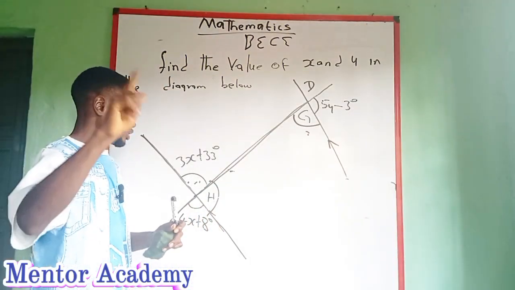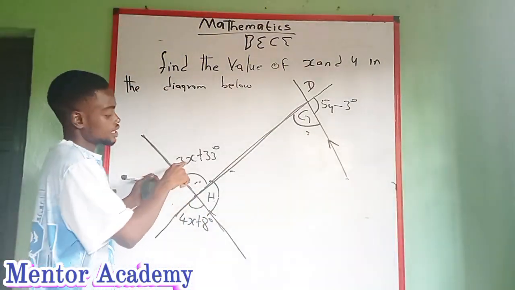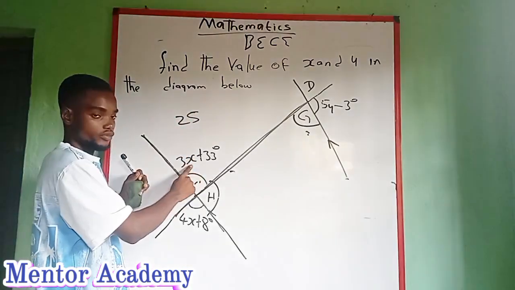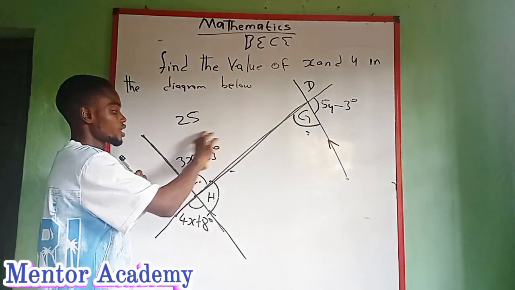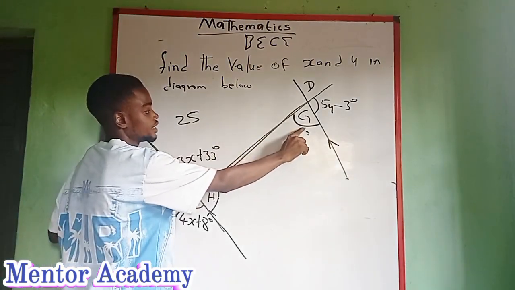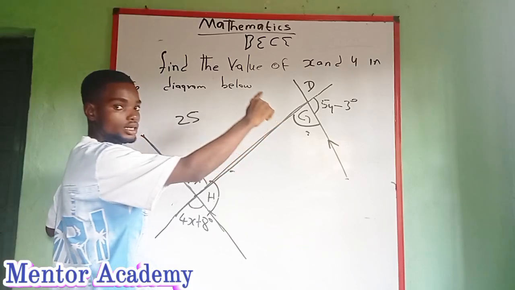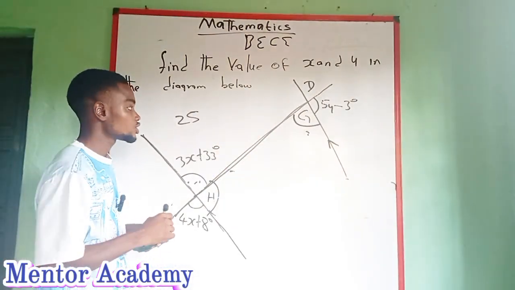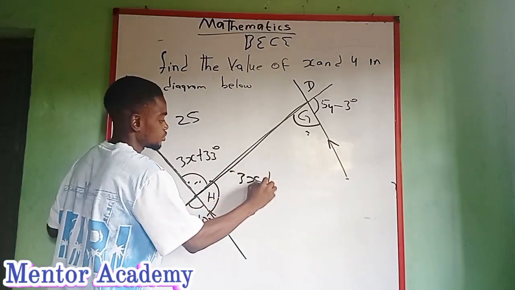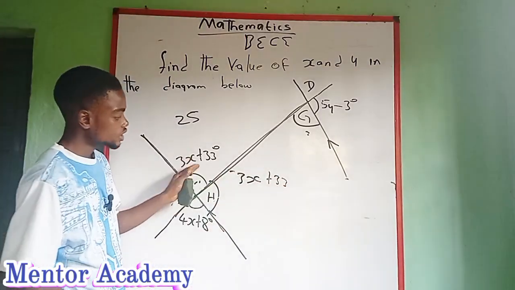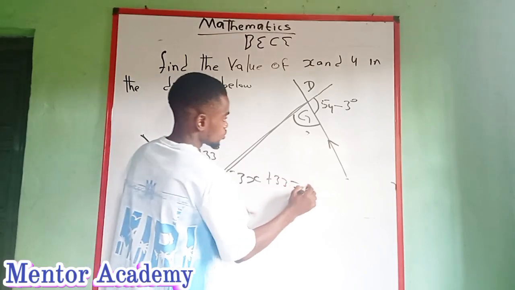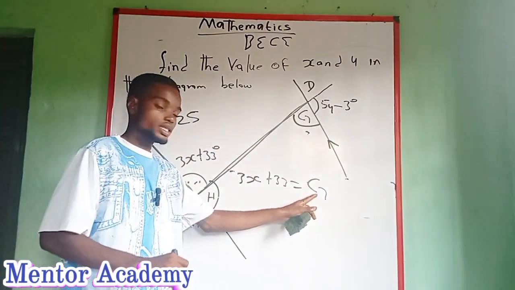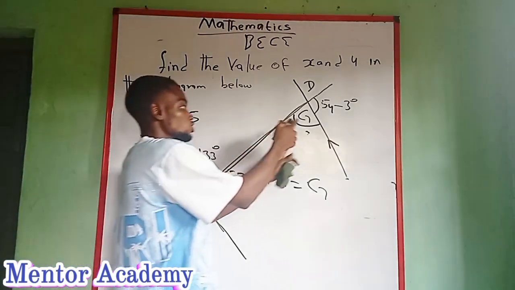And alternate angles are always equal. Now, since I know that s is 25, I can substitute the value of s here. We have 3s plus 33, this angle, equals G. I don't know what G is, but I know that this angle must be equal to this angle.